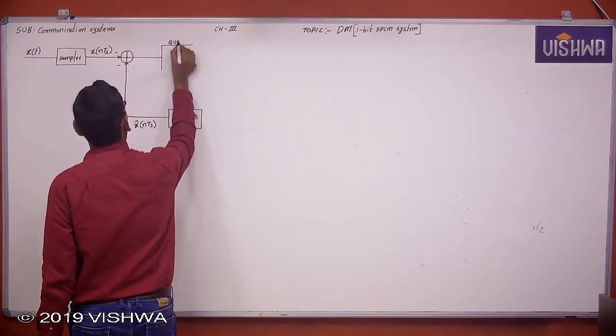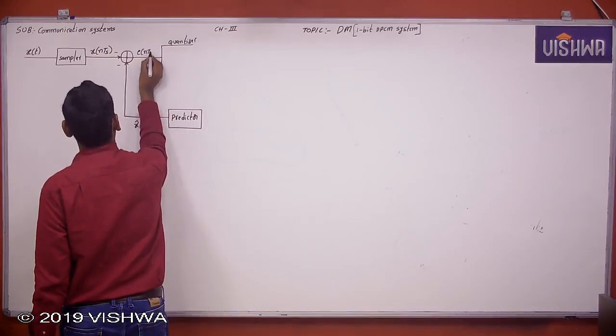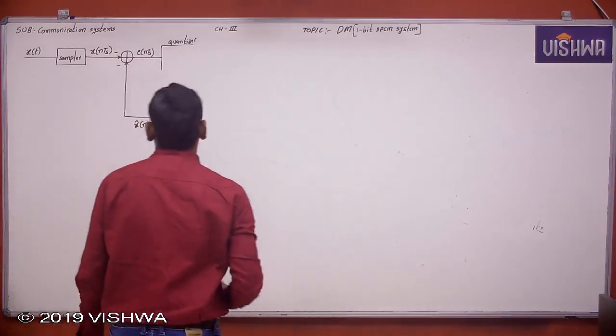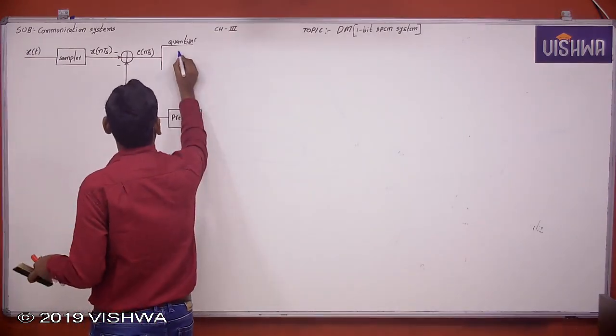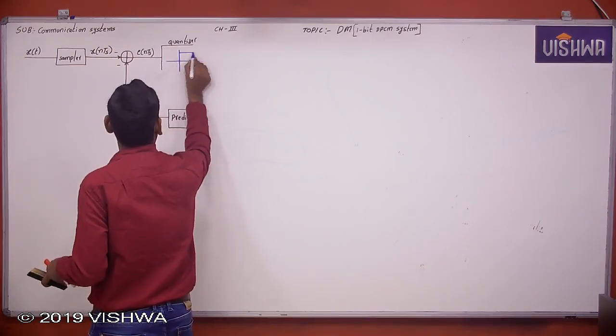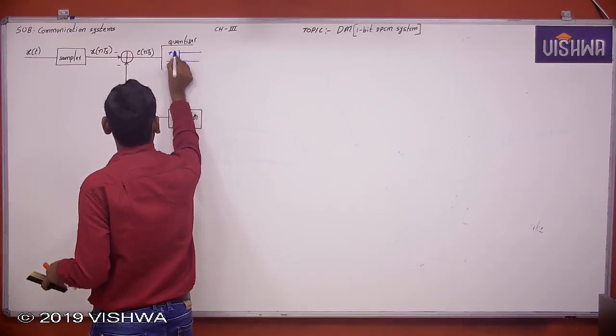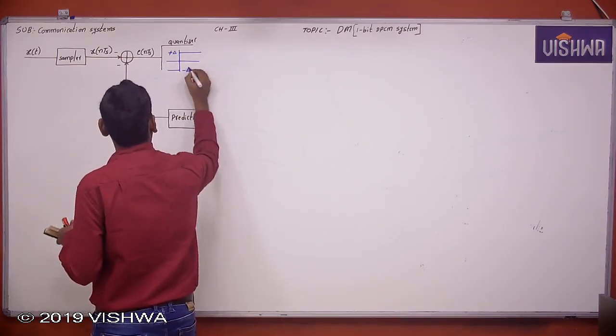Now here I will write in a different manner. Quantizer, this is e of nTs. We already have the same diagram, right? Now this is the quantizer. This is plus delta and this is minus delta.